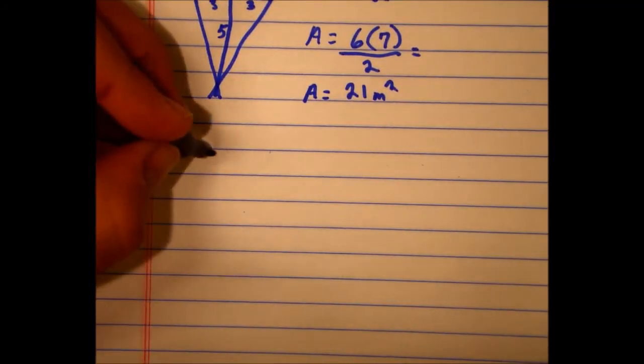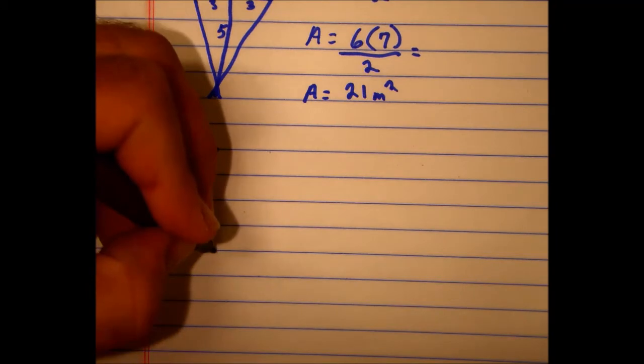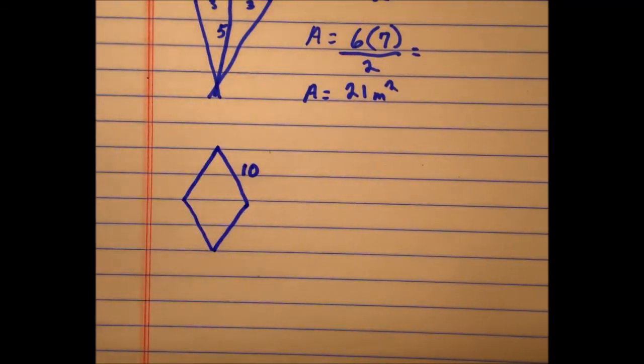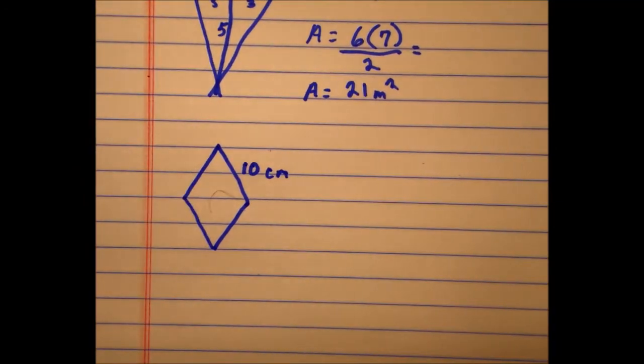So let's do another problem. This one is a rhombus. And it says my sides are 10 centimeters long. Okay, you can already tell we're going to have to do right triangle work because this isn't a diagonal. Okay, it's one of the sides.